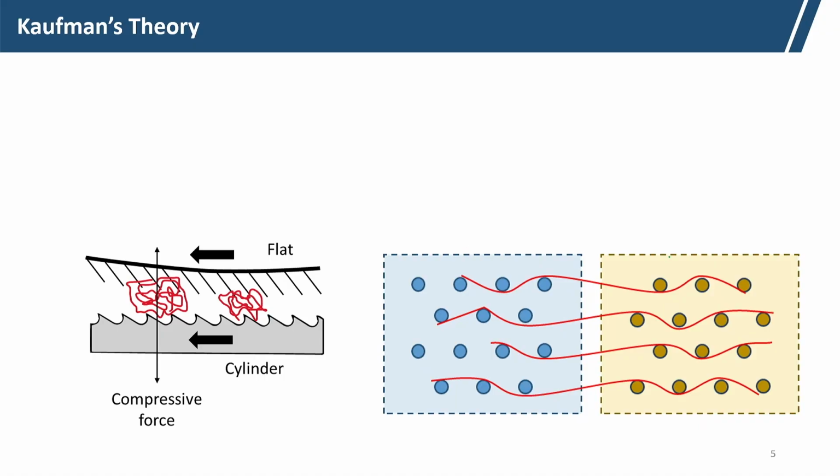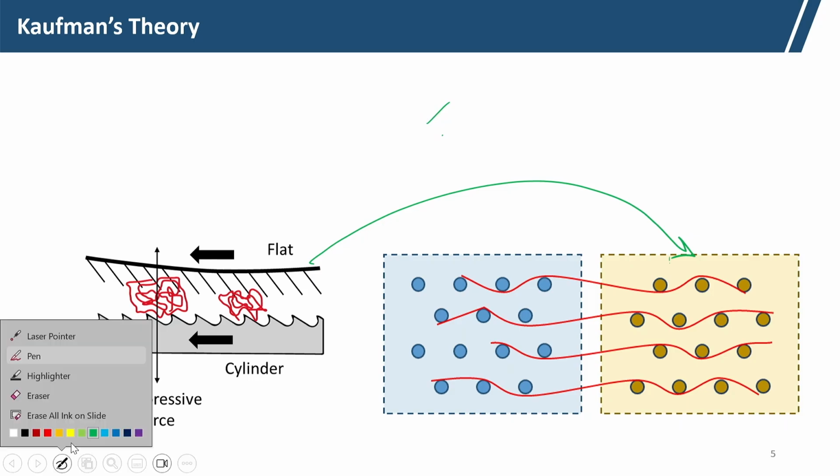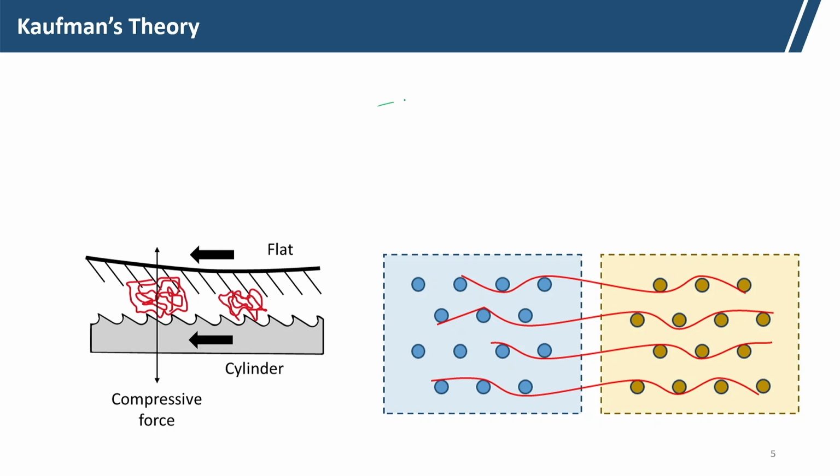So, let us see, this is the flat and this is the pin. This is the fiber tuft. The fiber tuft cannot penetrate easily, so it needs compressive force.